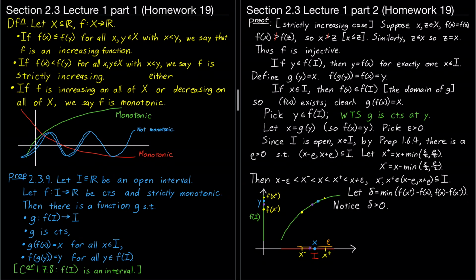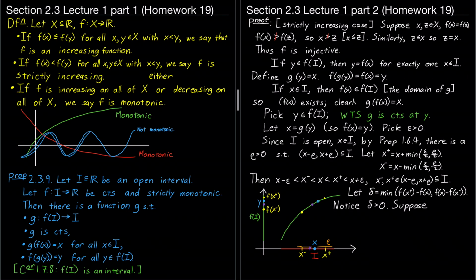And now we want to use the epsilon delta definition of continuity. We want to show that for every epsilon, we've picked epsilon already, there exists a delta, it's this delta we've just found, such that if the absolute value of y minus z is less than delta, then g of y minus g of z is less than epsilon. So let's pick some z for which this is true.